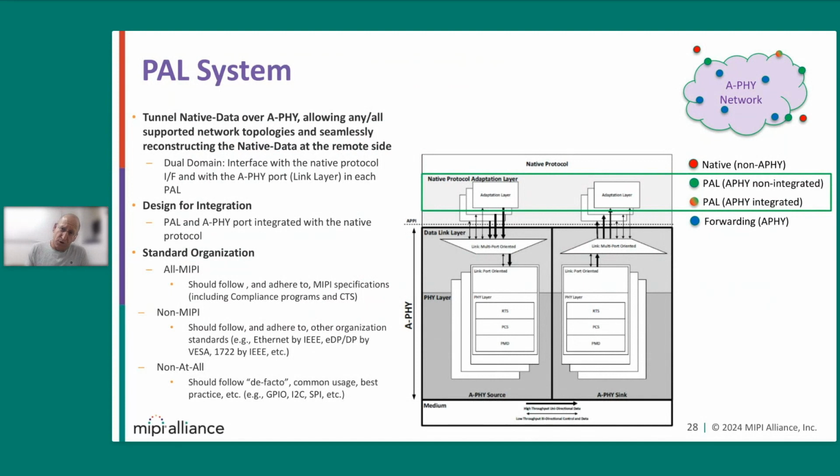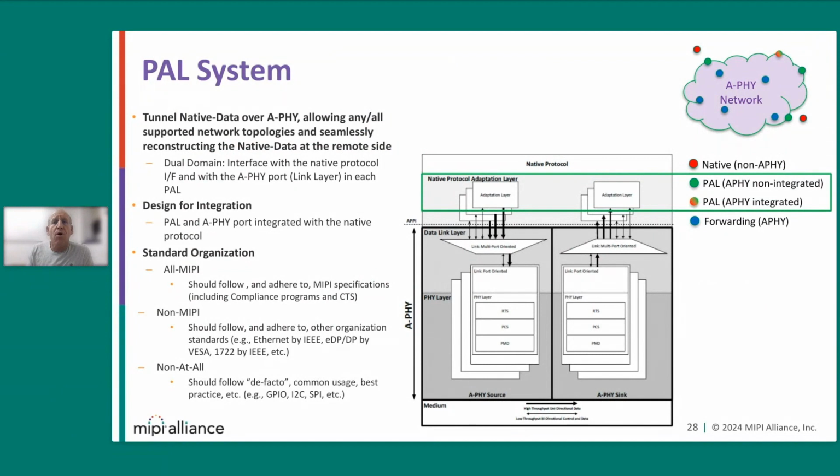In the network, you see the blue circles. These represent A5 forwarding elements. These are pure A5 devices, which construct the network. On the edge of the network cloud, you see the green circles. These are the adaptation layer devices, any device that implements the adaptation layer.